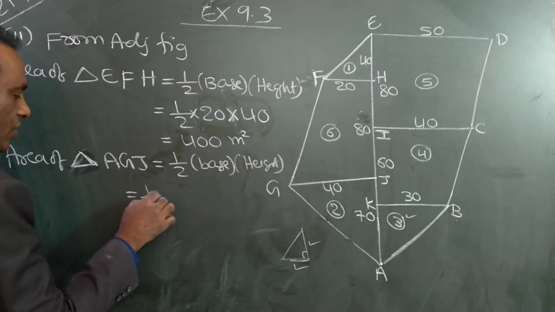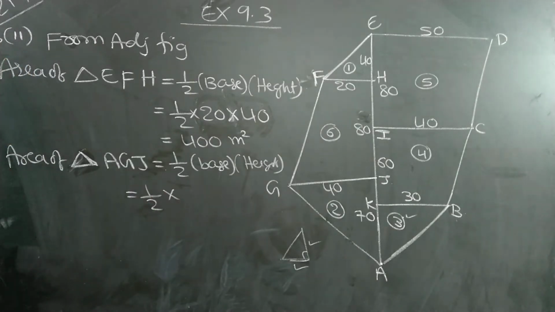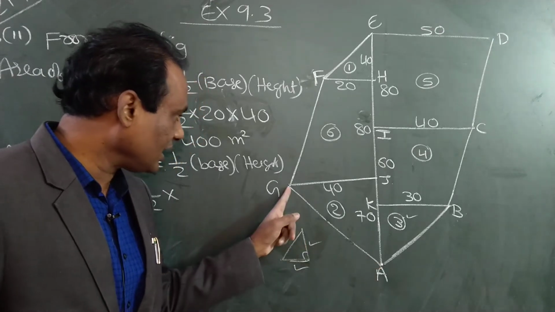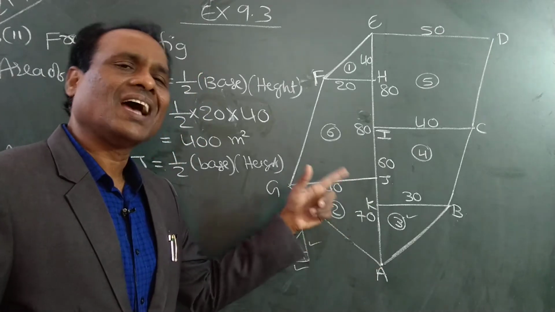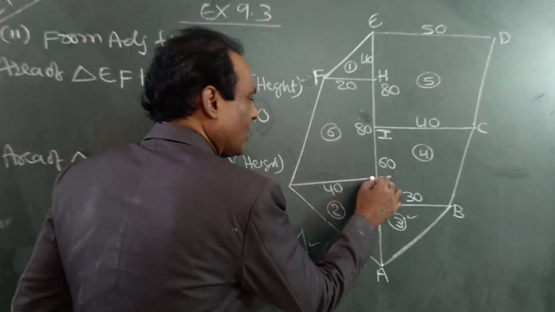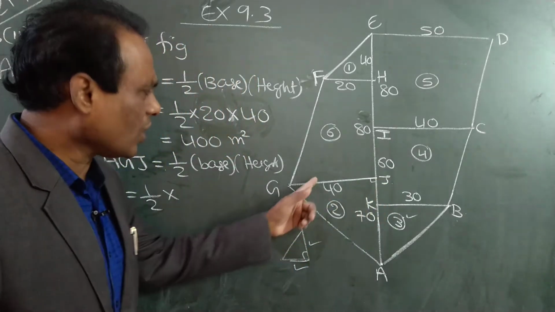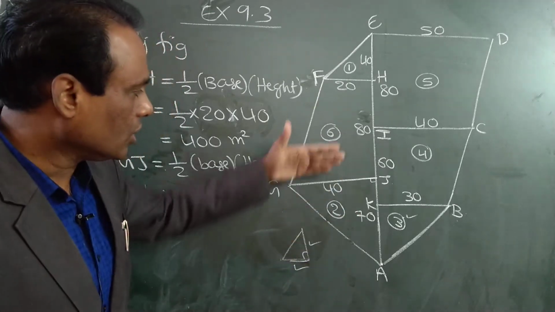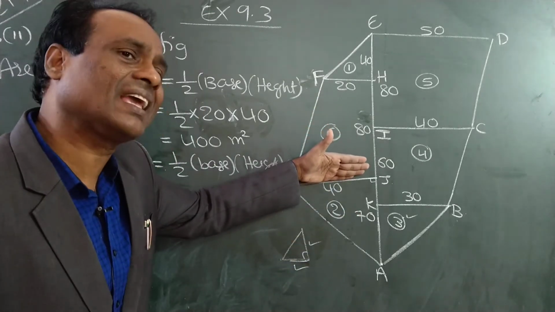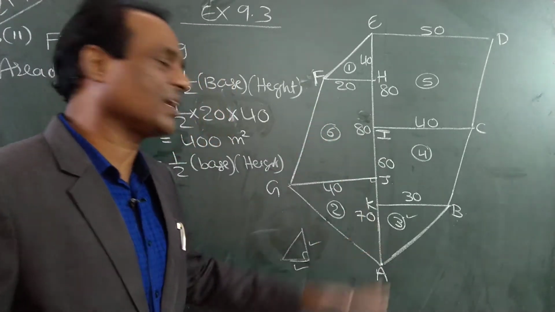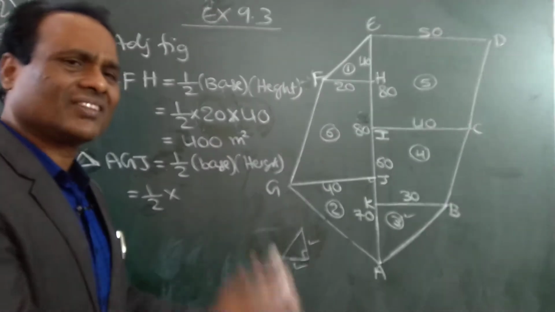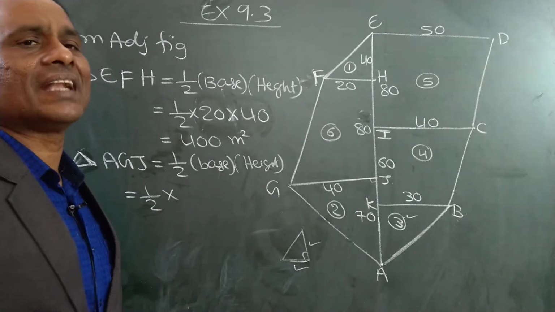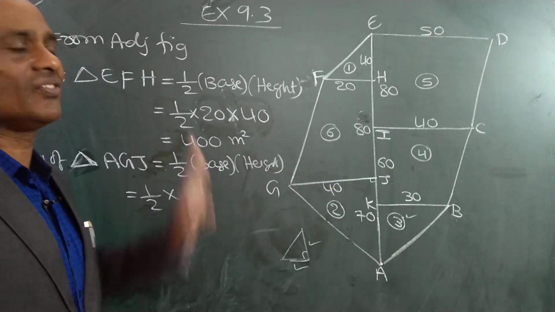See what is the base and what is the height for this A, G, J triangle. Automatically all are perpendicular lines. These two are always perpendicular as per the diagram. So if one side is taken as base, the other side automatically becomes the height, and the dimensions are given. Everything is given in the diagram.